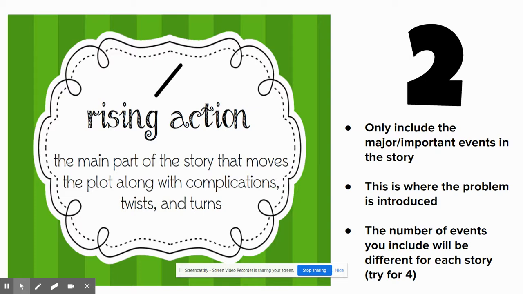You're not going to tell me every little detail, just the things that you think are the most important. This is also where the problem is introduced in a story. So right now in Shiloh, we are in the rising action, okay? Our problem is we know that Marty wants Shiloh, but he belongs to Judd, and Judd's trying to get him back, and he's now having to keep a secret, right?